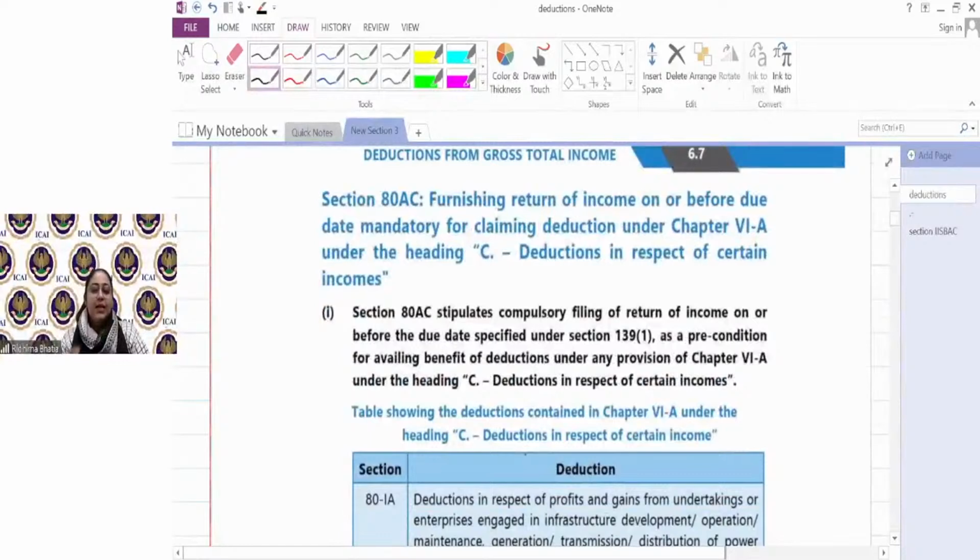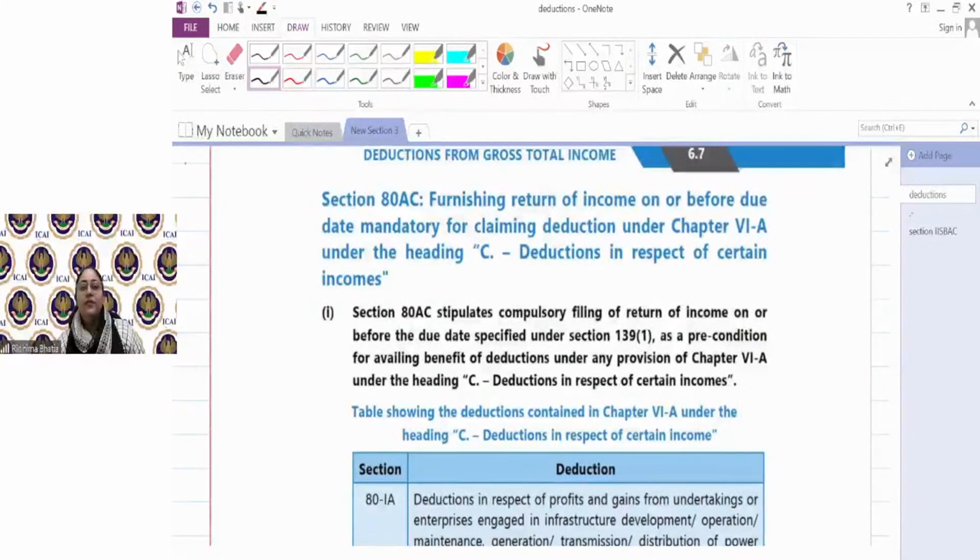Before we proceed, I told you payment based or income based. Certain income based generally comes under heading C. That means payment based come under heading B, and income based come under heading C of chapter 6A. So 80AC is one such section.